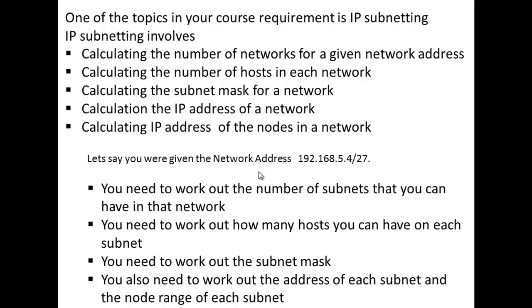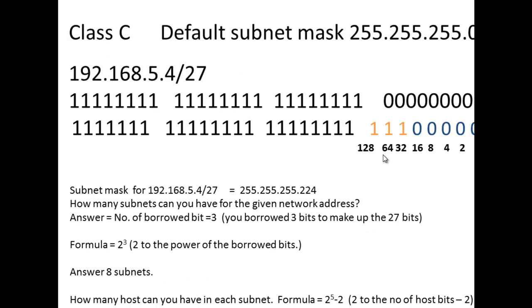Now remember that if we had /24, that would say that the address has 24 bits, and that would be the network part of the address. And that would be a class C address.